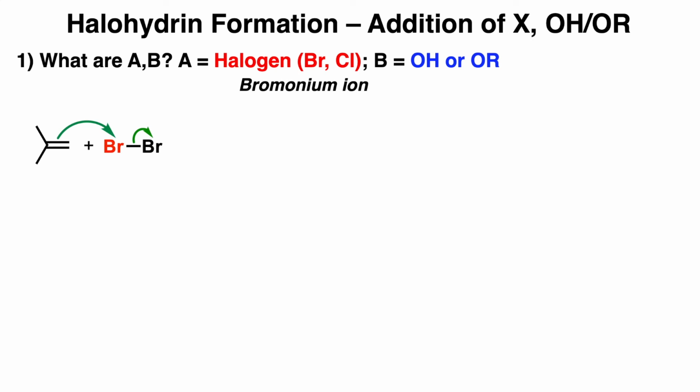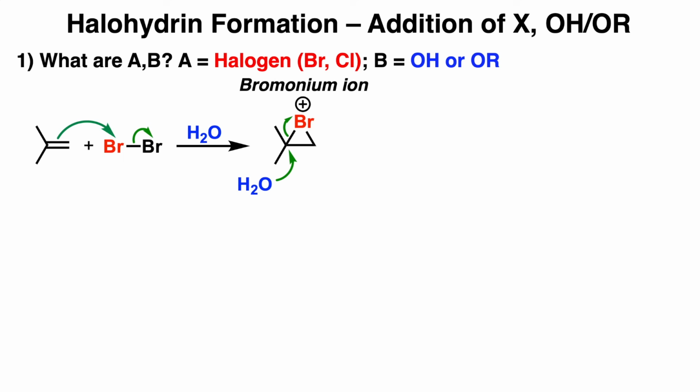In the following example, the first arrow is drawn from the middle of the pi bond going towards one of the bromine atoms, and a second arrow is drawn from the Br-Br bond going towards the second bromine atom to form a new lone pair of electrons on Br. Again, this forms a bromonium ion intermediate that is triangle-shaped with bromine bonded to two carbons.